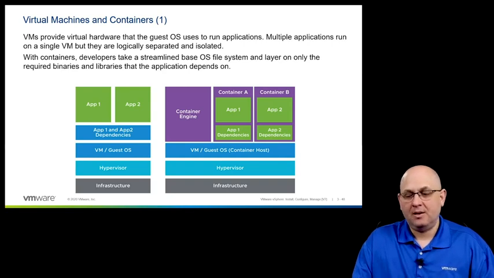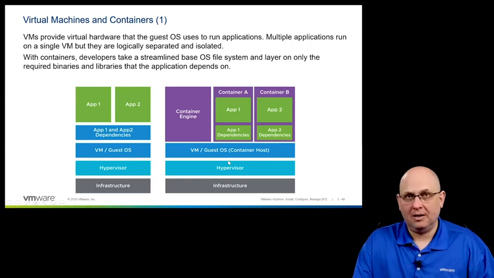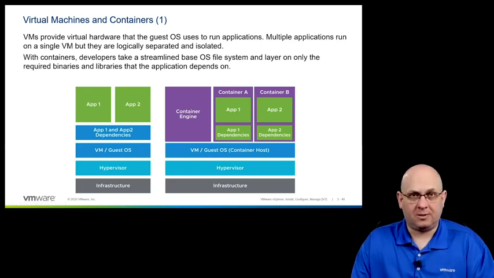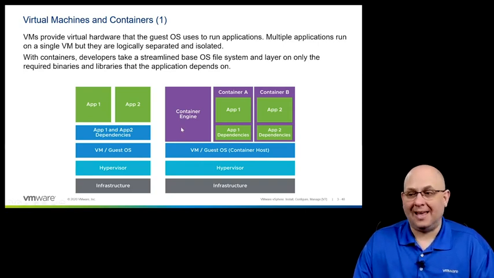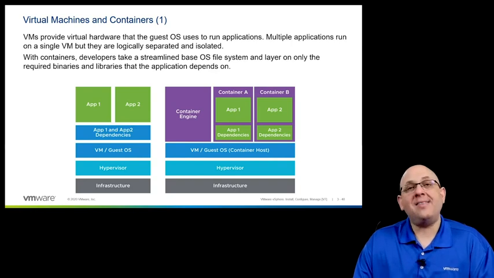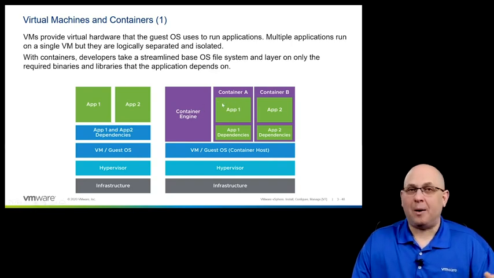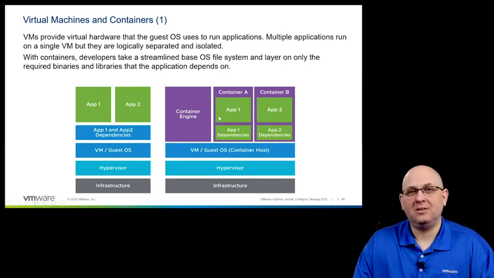Okay? Now, we'll start at the same place when it comes to a container infrastructure, where we have a virtual machine running a guest OS, but this system will now be called the container host. Okay? That container host will have the container engine, once again, like Docker is an example of that, and then we'll include the containers themselves, the applications, and the dependencies for that application.